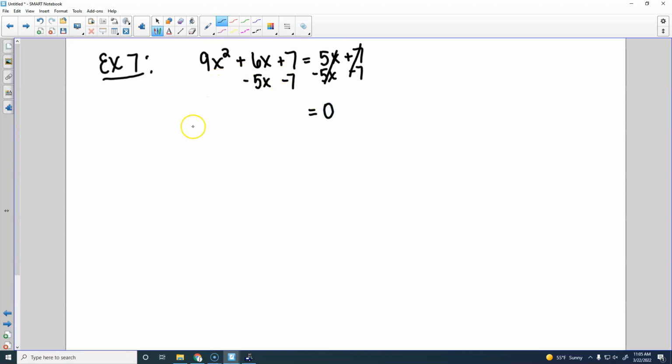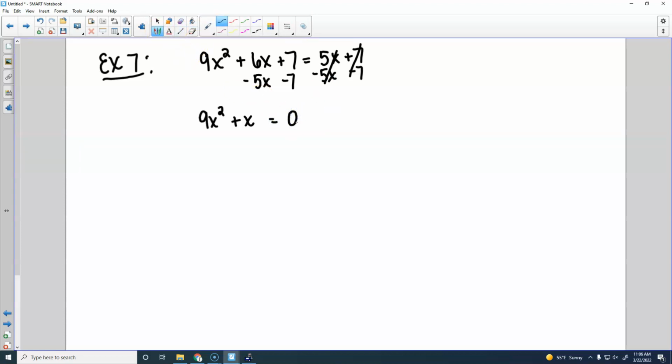Okay. Over here on this side, I'm going to have 9x squared. 6 minus 5 is going to give me 1x. And then, what's positive 7 minus 7? That's 0. I could put a plus 0 there if I want, but I'm not going to because you don't need to. Alright, so I'm going to move my equals 0 over here a little closer to my work.